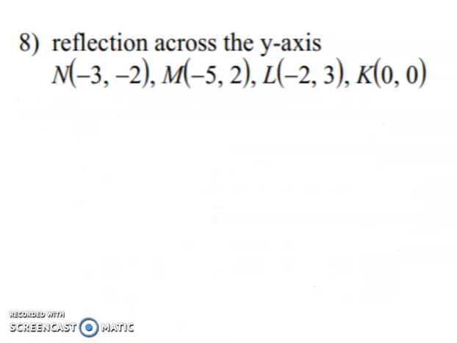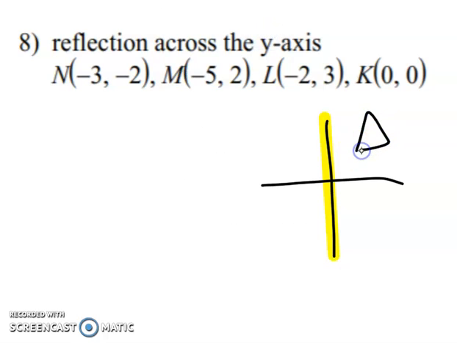It says, perform a reflection across the y-axis. So if I want to just show you a quick drawing of this, if I'm reflecting over the y-axis, it's this axis here, and let's just say I have a triangle that looks like this, right?